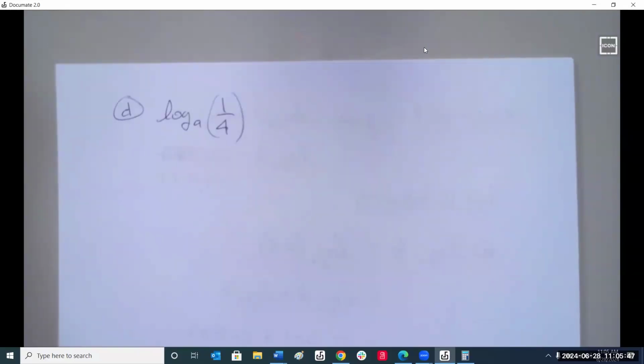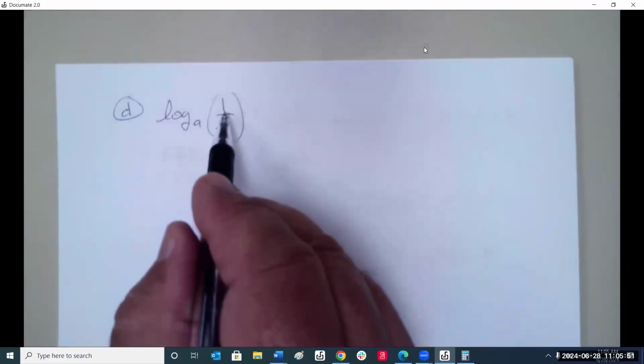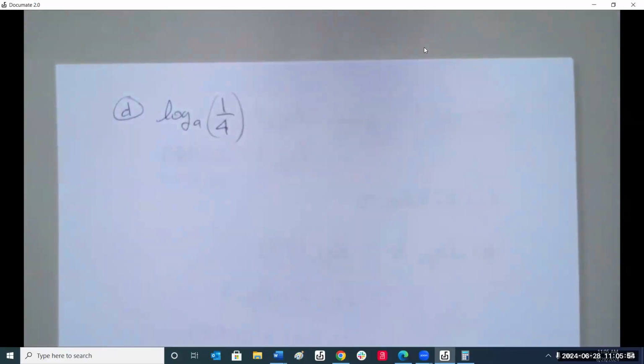No, this is not a root, it's the function itself, it's 1/4. Remember, we have to put it in terms of log base A of 2, log base A of 3.